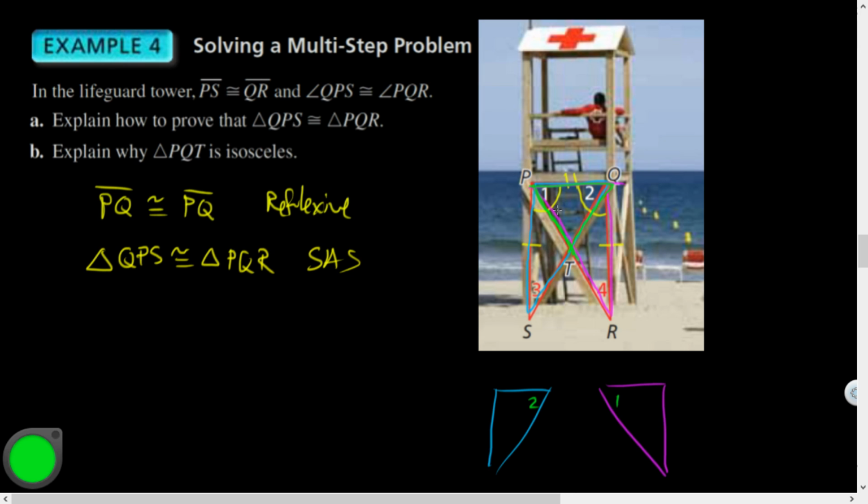I know these two triangles are congruent, and so I think I could say that angle 1 and angle 2 are congruent by corresponding parts of congruent triangles congruent. Right? Once I already knew that these big triangles were congruent, now I know that their corresponding angles will be. Because those are congruent, I can now prove that PT is congruent to QT.